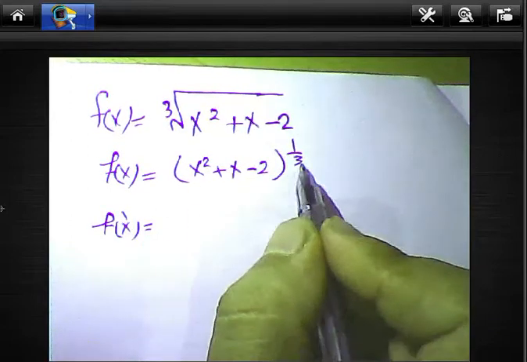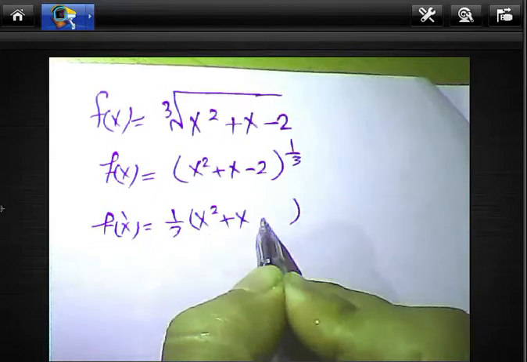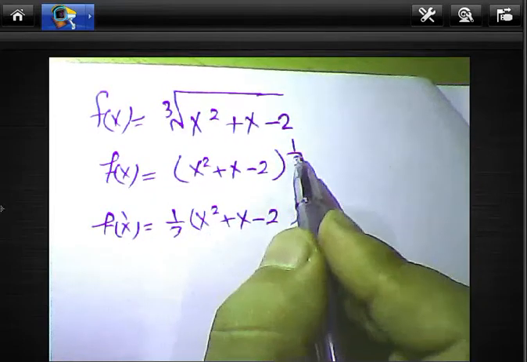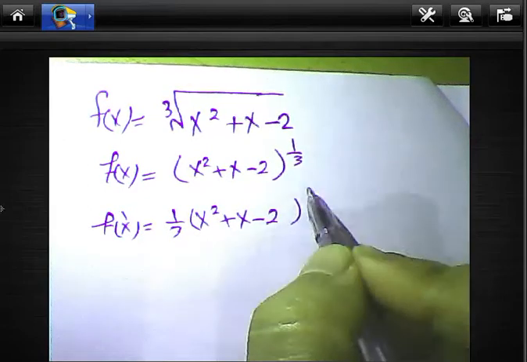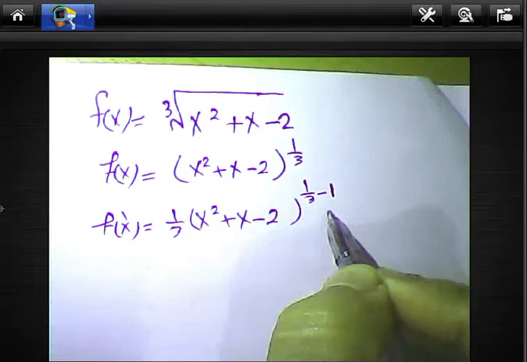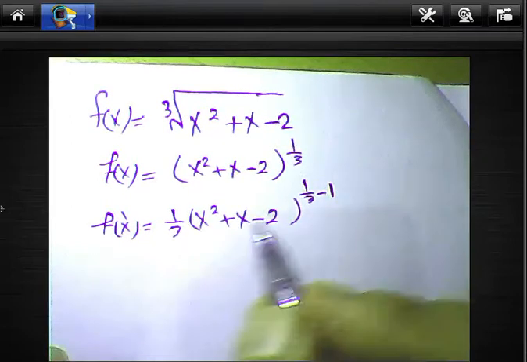We can drop this power outside, x squared plus x minus 2, and subtract 1 from one third. We know one third minus 1 equals negative 2 over 3.